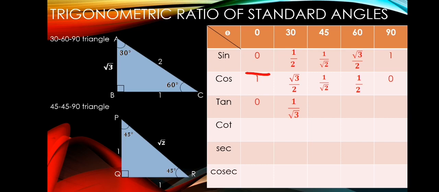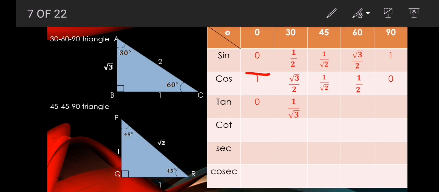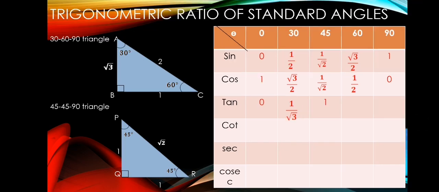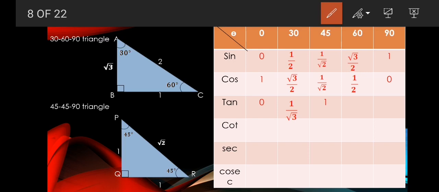Tan 45 will be 1 upon root 2 upon 1 upon root 2. Over here root 2 will get cancelled and the answer will be 1. Tan 60 will be sin 60 upon cos 60. 2 will get cancelled.